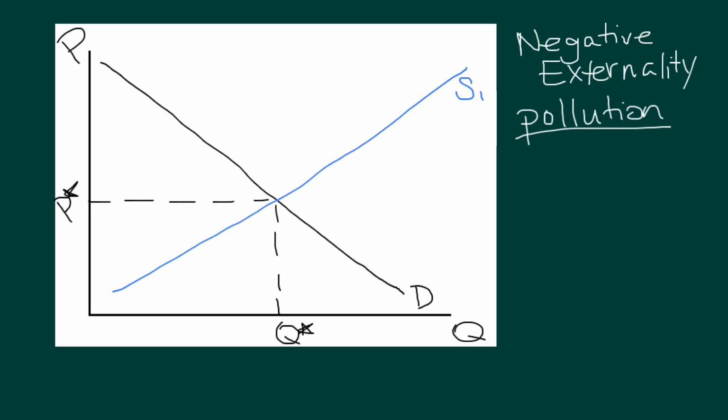So forgetting about externalities, pollution, all of that, just think about what we've learned about the supply curve. One of the things we learned about supply curves in Chapter 3, the factors that can shift it, one of them was the input price.